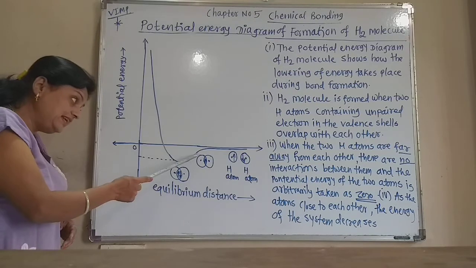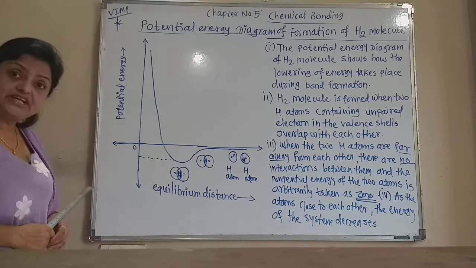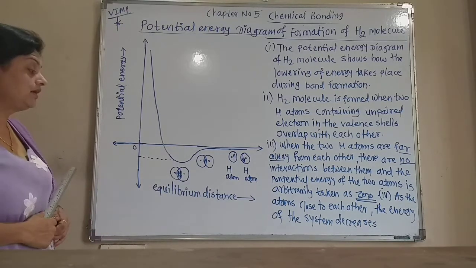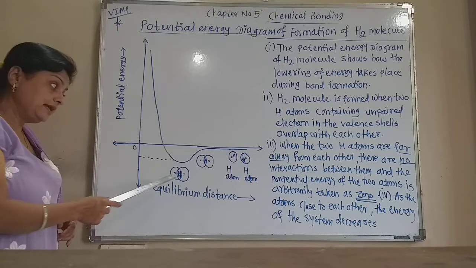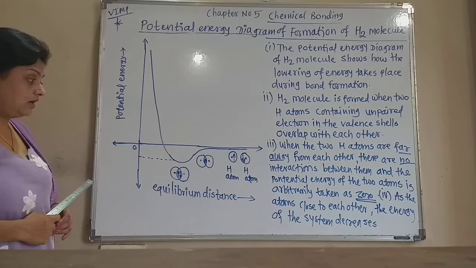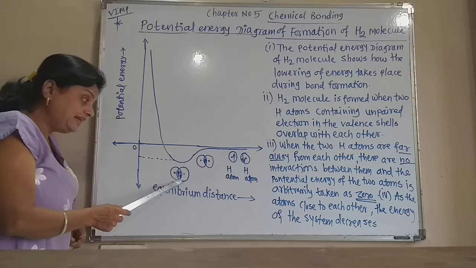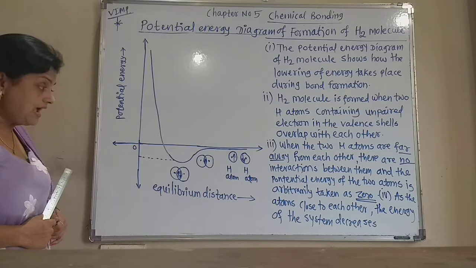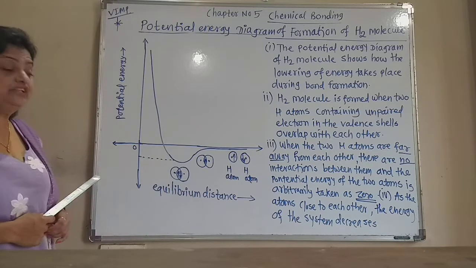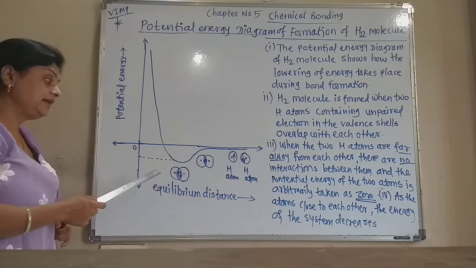But when the two valence shells of the two hydrogen atoms containing the unpaired electrons overlap with each other in a sufficient manner, the electrons get paired and the internuclear distance between the two nuclei of the two hydrogen atoms decreases.